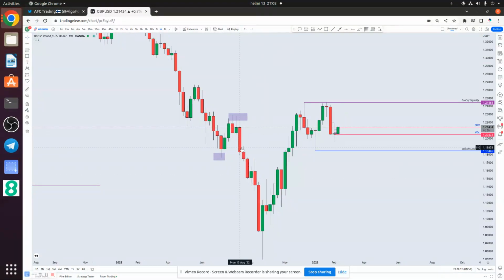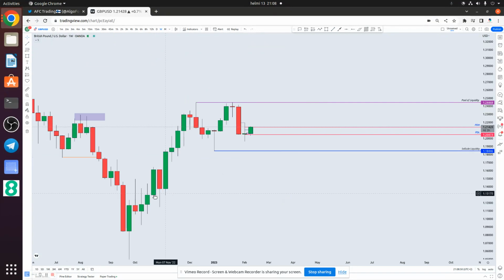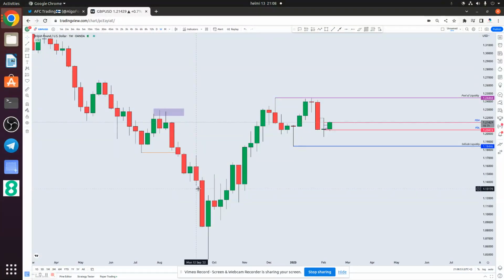When price breaks structure, there was a lady who was asking about mitigation blocks. It doesn't matter which time frame you see it, on the weekly, on the daily, on the 5 minute, on the 1 hour, 4 hour, it doesn't matter. It's the same thing. Listen, guys, whichever pattern you see repeating itself on the 1 minute, you can utilize the same pattern on the higher time frame, because market is fractal.